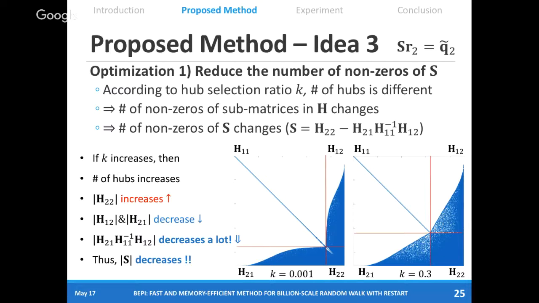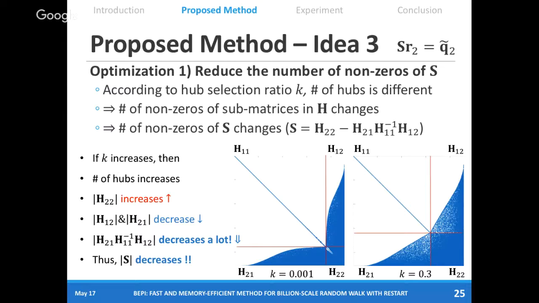Okay, let's go back to the discussion. The first optimization reduces the number of non-zeros of the Schur complement S in this linear system. As I mentioned previously, according to the hub selection ratio k, the number of hubs can be different. So if we change the hub selection ratio k, then the number of non-zeros of the submatrices changes like this.